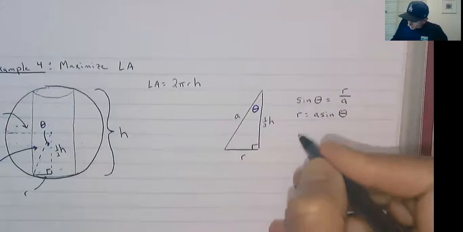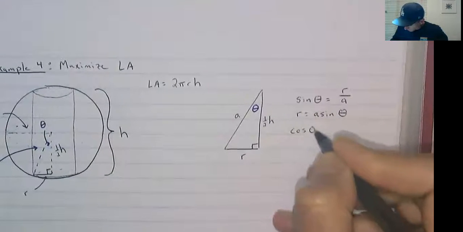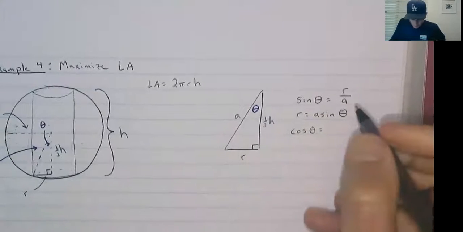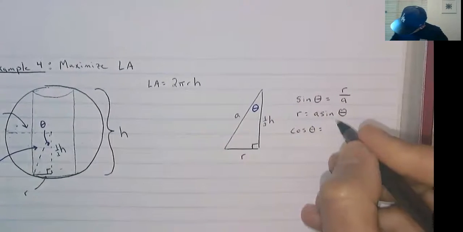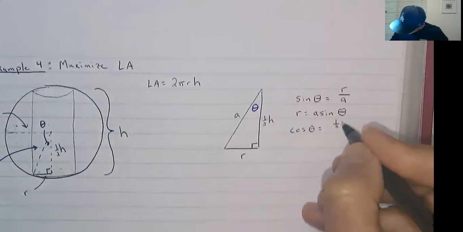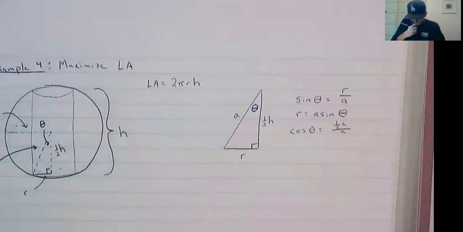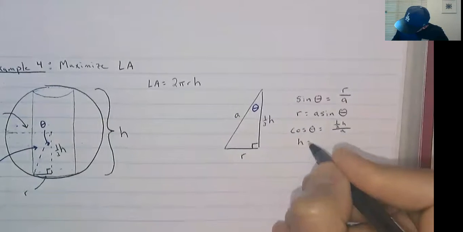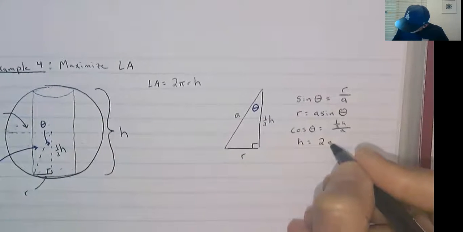Similar trickeration with the cosine of theta is going to be one half H over A, which means that H is going to be twice A times the cosine of theta.